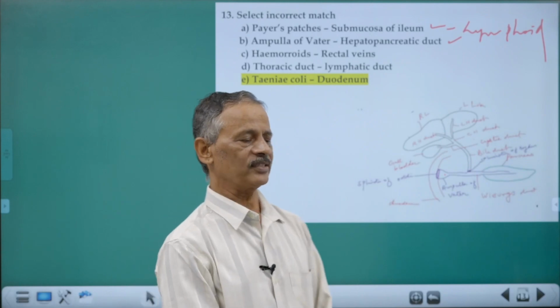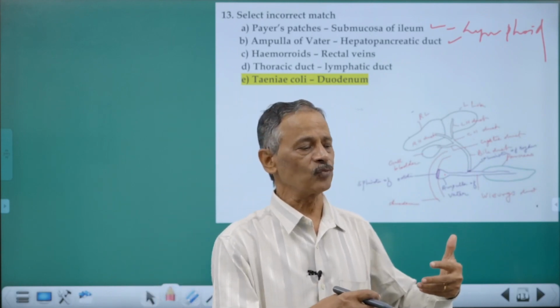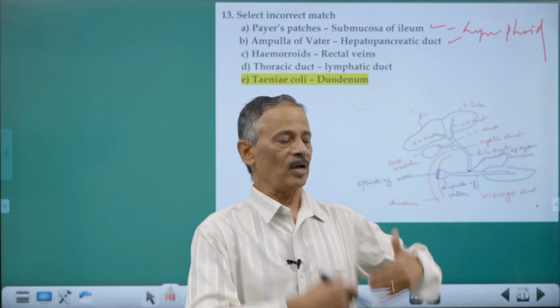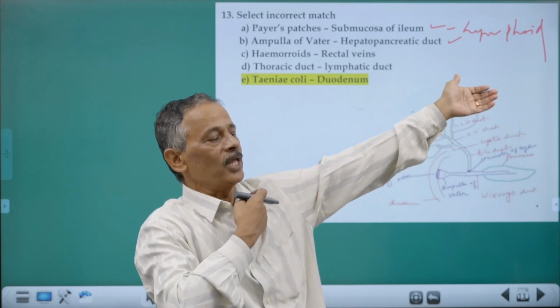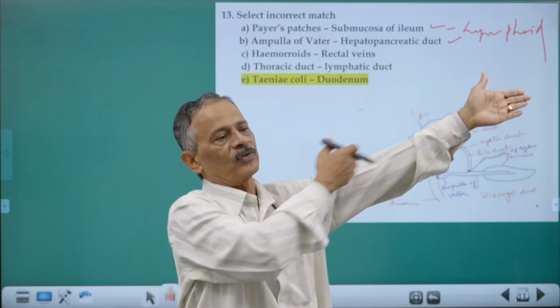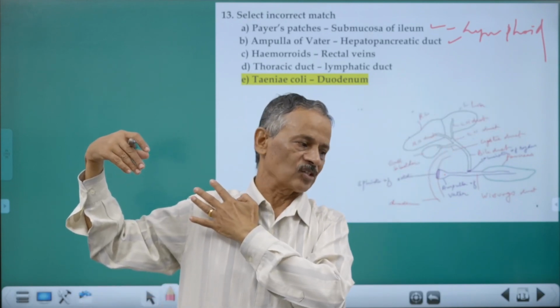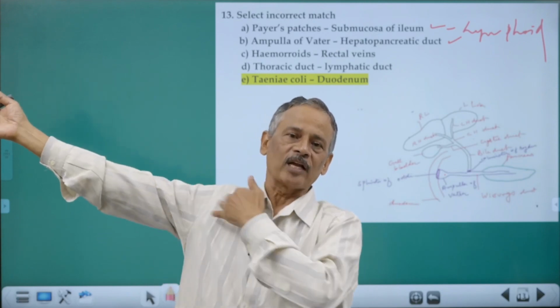Thoracic duct. What is the thoracic duct? The lymphatic vessels join to form two major lymphatic ducts. One is the thoracic duct on the left side, which opens into the subclavian vein coming from the left arm. The other one is the right lymphatic duct on the right side, which opens into the vein coming from the right arm.